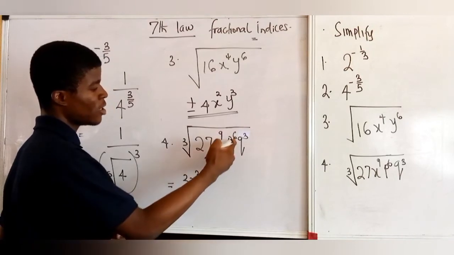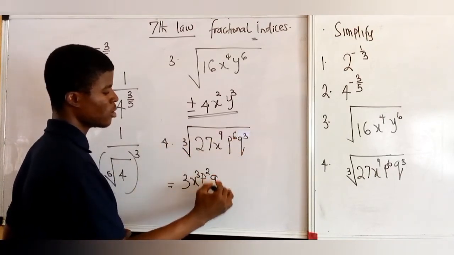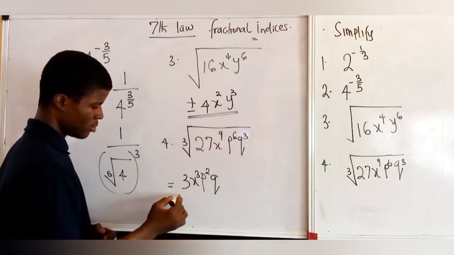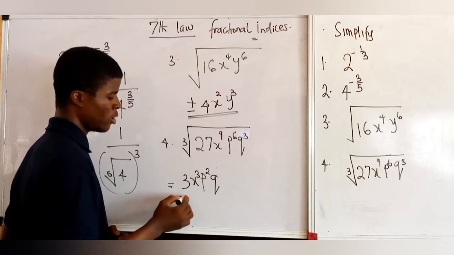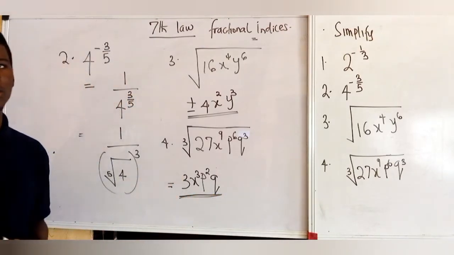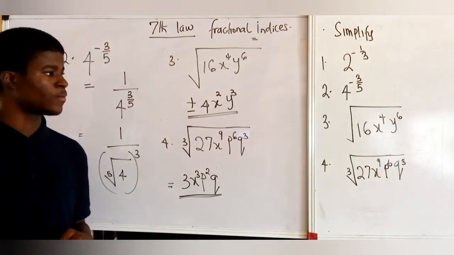P to the power of 6 divided by 3, I have 2. Then q, 3 divided by 3, I have 1. That's 3x cubed, p squared q. So this is the solution. There is no plus or minus. Cube root does not carry plus or minus. That's the nature of the type of root.